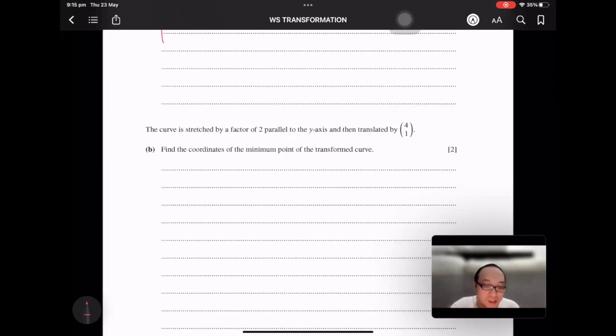The curve is stretched by a factor of 2 parallel to the y-axis and then translated by 4, 1. Find the coordinates of the minimum point of the transformed curve. Stretched by a factor of 2 parallel to the y-axis is a vertical stretch.